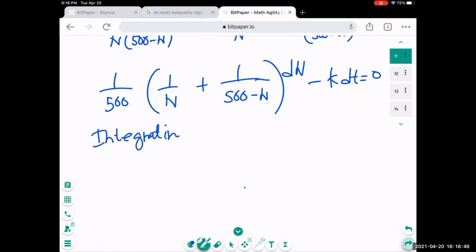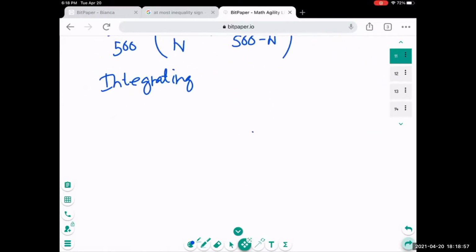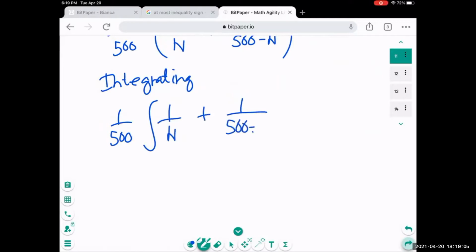Integrating the equation, 1 over 500 integral of 1 over n plus 1 over 500 minus n, of course dn, minus integral of k dt equals 0.